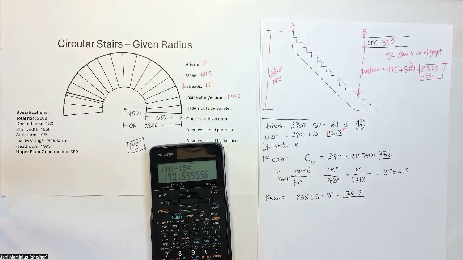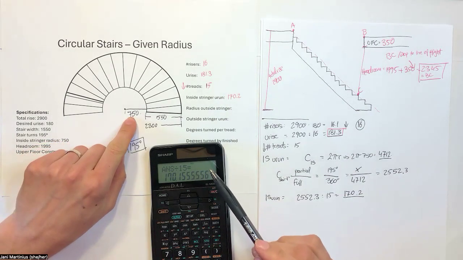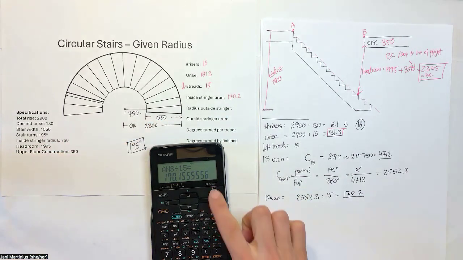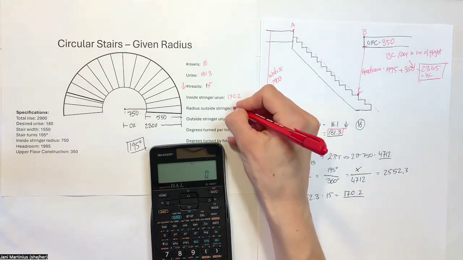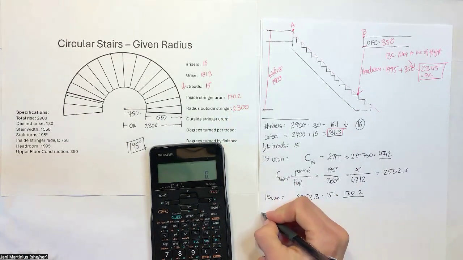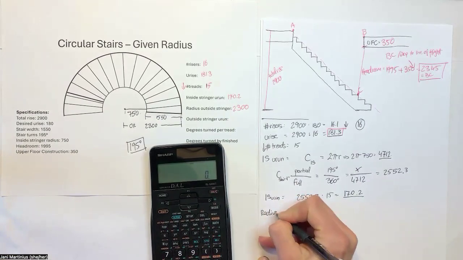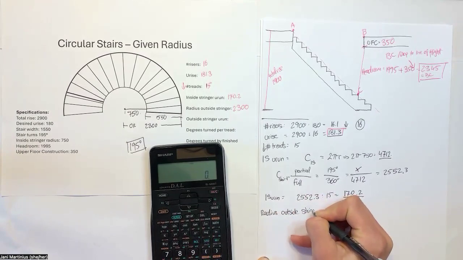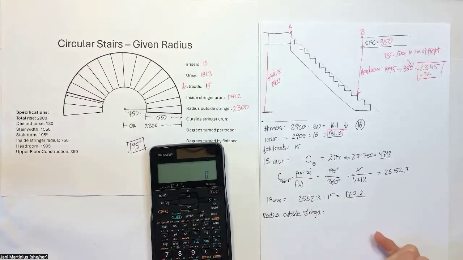Awesome. Now, radius of the outside stringer, check this out. Inside radius plus the width of the stair gets us the radius for the outside stringer. We already figured that out, so I will write it here, just so that it's here.